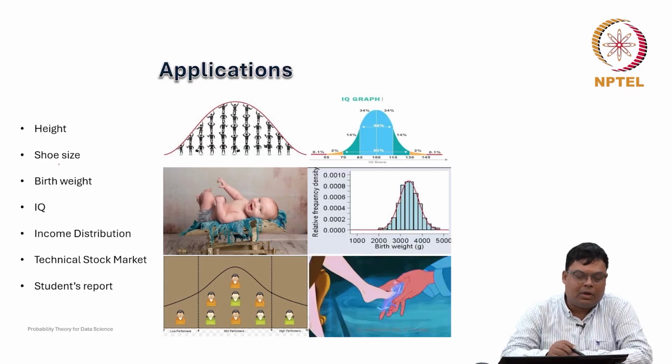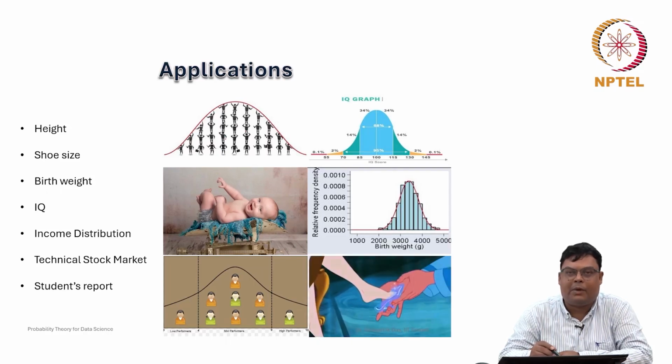For example, if you look at the distribution of height, the frequency of people with height of 5 feet or less will be low. For heights greater than 6 feet, the frequency and probability will also be low. But in the middle, like 5.5, 5.7, a larger proportion of the people will be there.